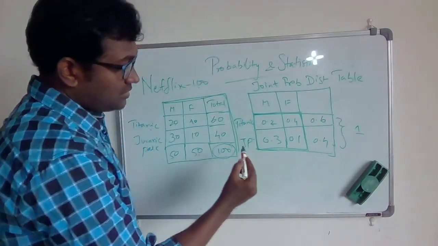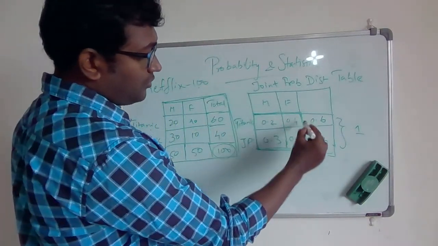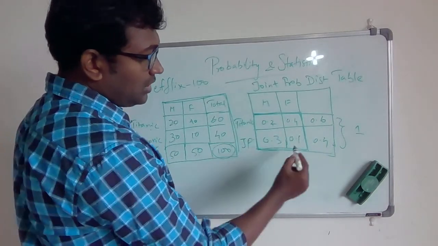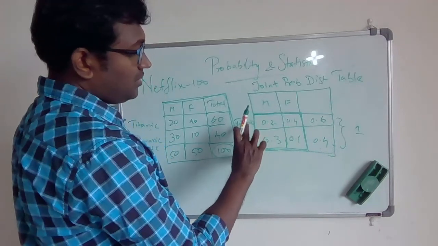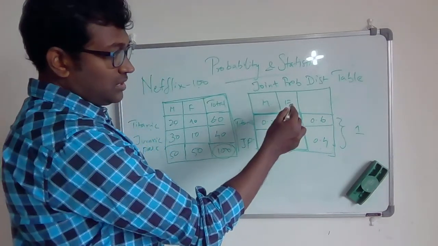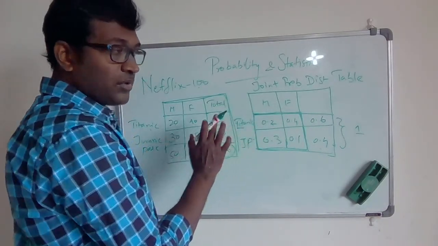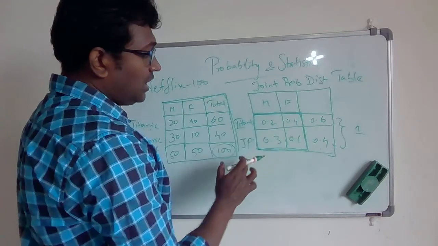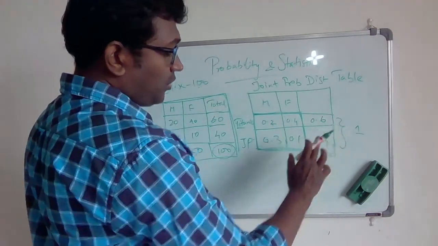Just notice the difference: the joint probability of all four sums up to 1, and the marginal probability of these two sums up to 1. So I'm marginalizing the gender, which means I don't care about male or female. I just care about the movie Titanic and the proportion of people who watched it, and the movie Jurassic Park and the proportion of people who watched it.